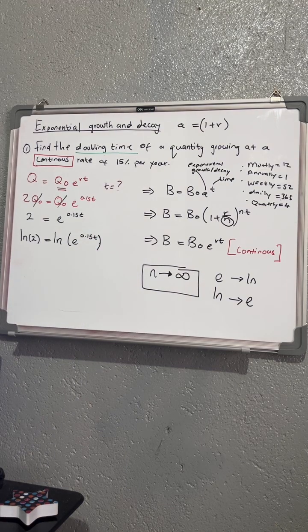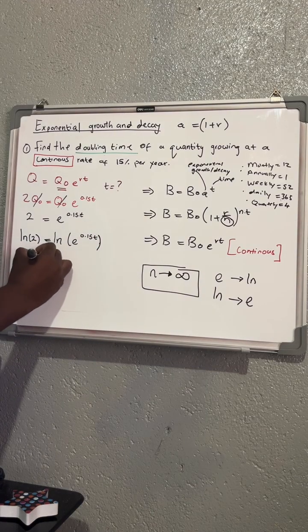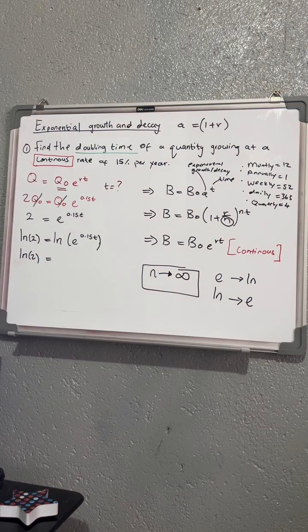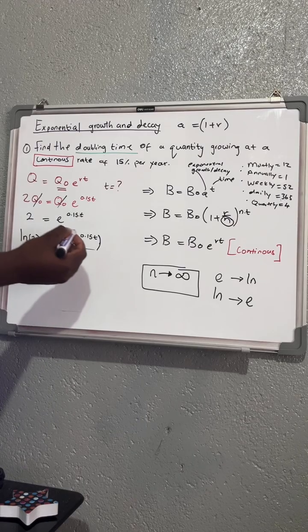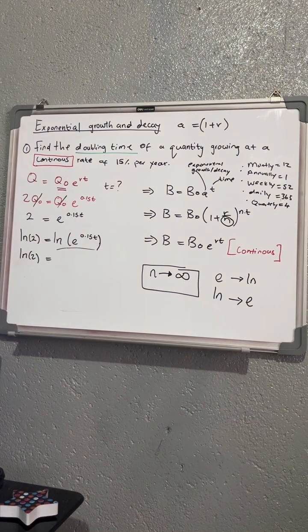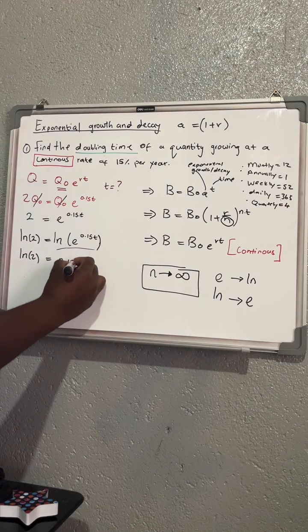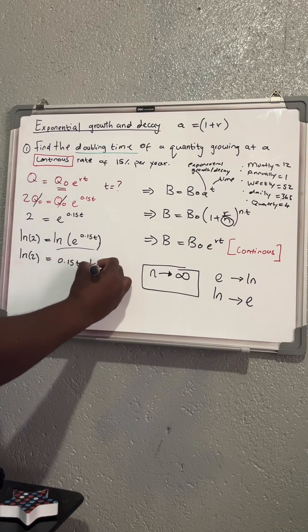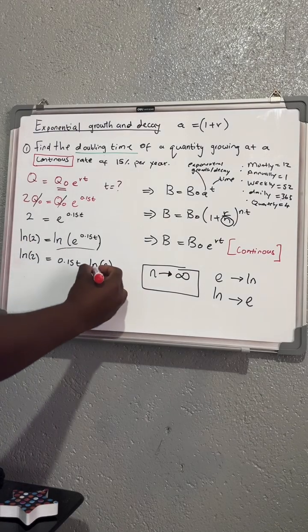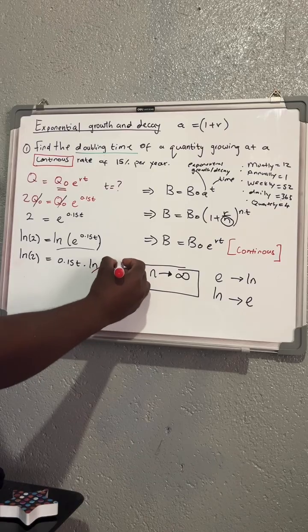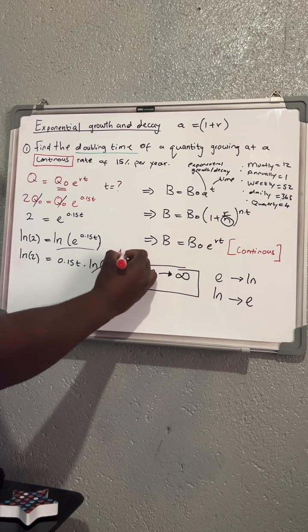0.15 T. Then we can have ln of 2, this will be equals to, so if we have something that looks like this, the rule says that we can actually take this one and bring it down. So we're going to have our 0.15 T multiplied by ln of E, and that's basically how we erase that E, because your ln of E gives you 1.